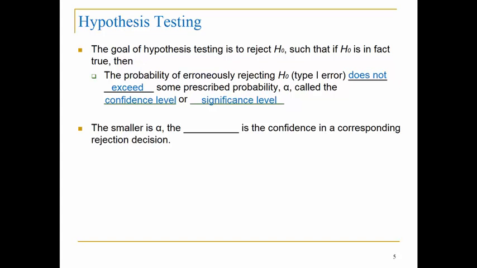So our goal is that if the hypothesis is true, we have a very small probability of error of rejecting the null hypothesis. The smaller alpha is, the higher is the confidence in a corresponding rejection decision.